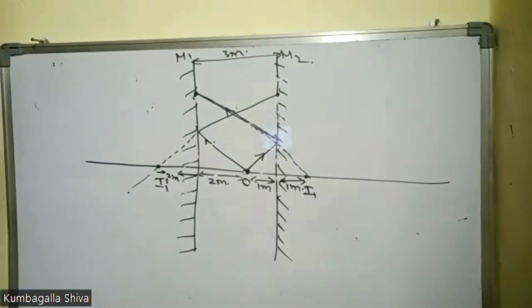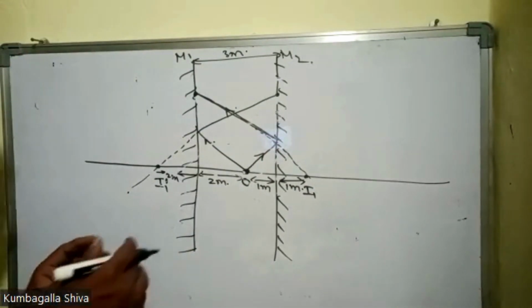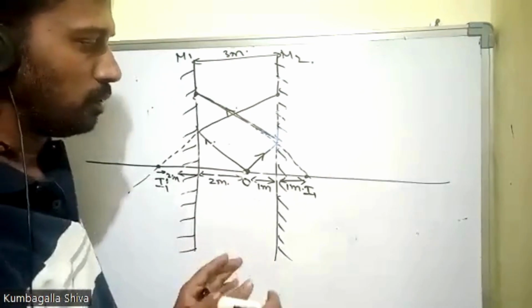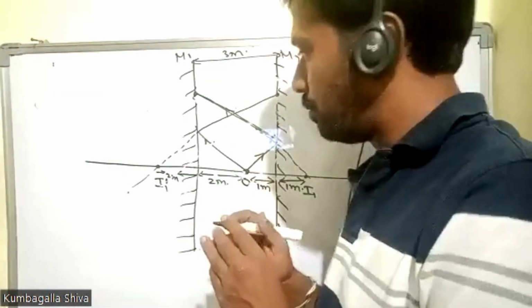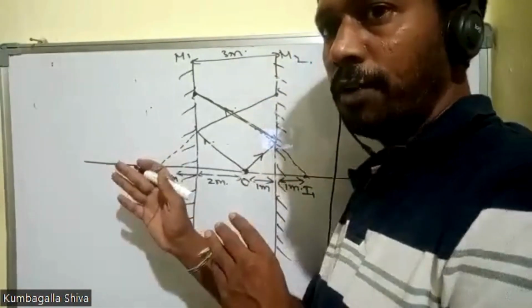Now, you come to the side of mirror 2, and from the mirror 2 side you come here and observe the side of M1.